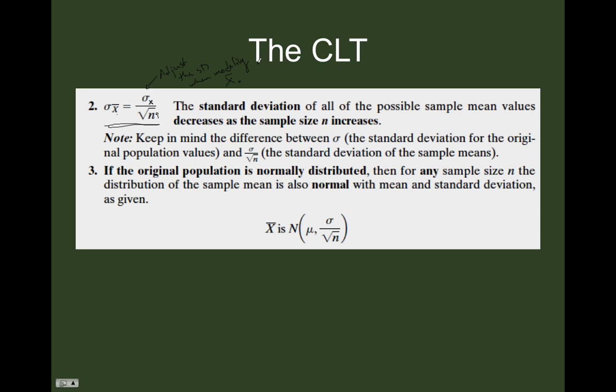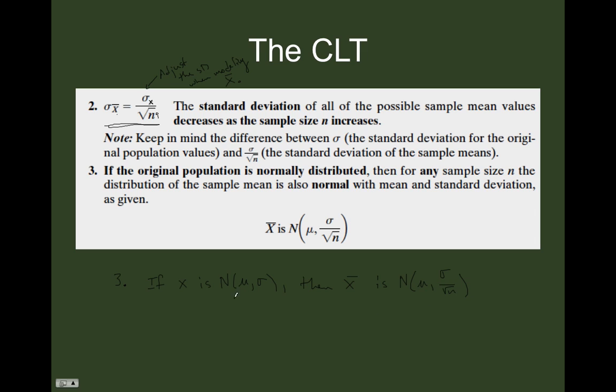So paraphrasing 3 mathematically, if x is N(mu, sigma), then x bar is N(mu, sigma over the square root of n).